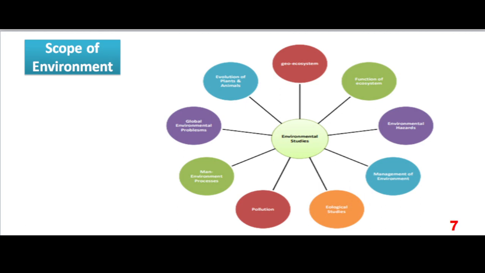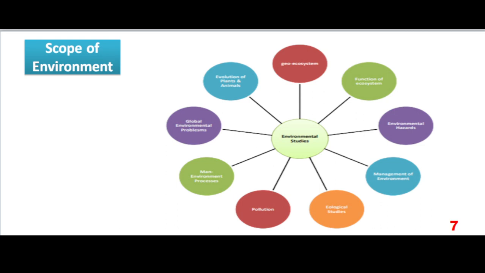Then pollutions. This area deals with the sources, effects, and control of pollutants in the environment. For example, analyzing the sources of air pollution in urban areas and its effects on human health and the environment, along with measures to reduce emissions.